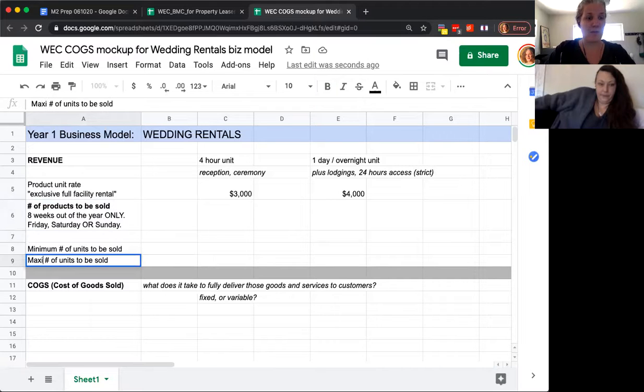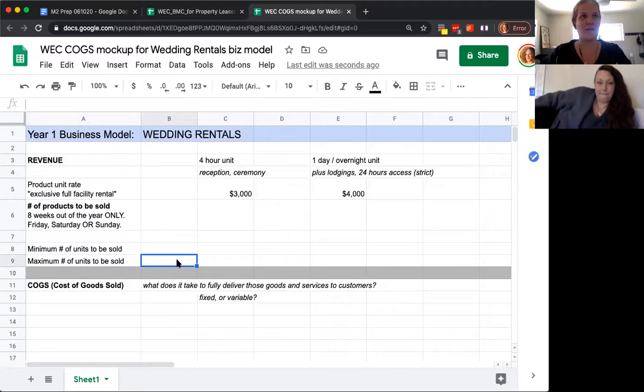Maximum possible. Now that might be difficult when it comes to turnaround and cleaning, so you may want to consider the costs of servicing the product on either side.